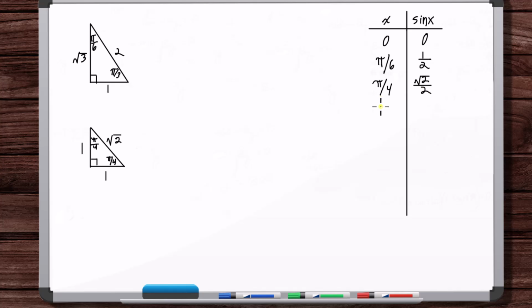Now 60 degrees is opposite over hypotenuse, root 3 over 2. Now 90 degrees: sine of 90 is 1. Sine of pi over 2 is 1.